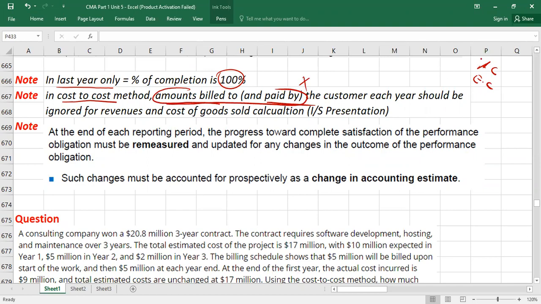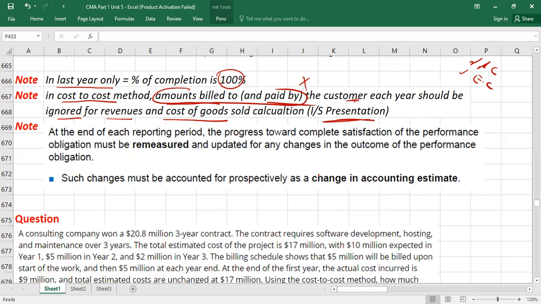You have to focus on actual cost and estimated cost, because this will give you total cost, not the amount billed and received by the customer. So ignore this line, amount billed to or paid by customers. It should be ignored for revenue and cost of goods sold calculation, not for contract asset and contract liability. For income statement presentation, you will ignore this, right?